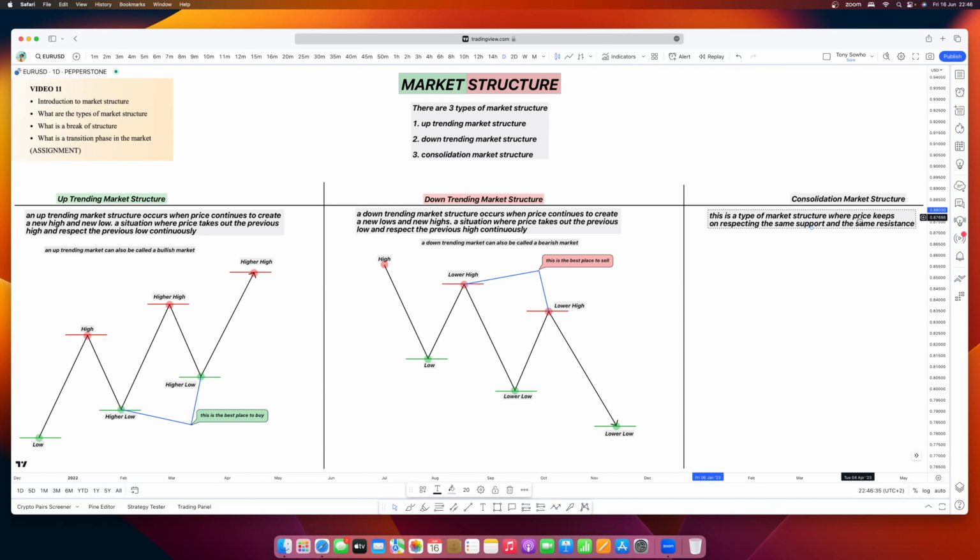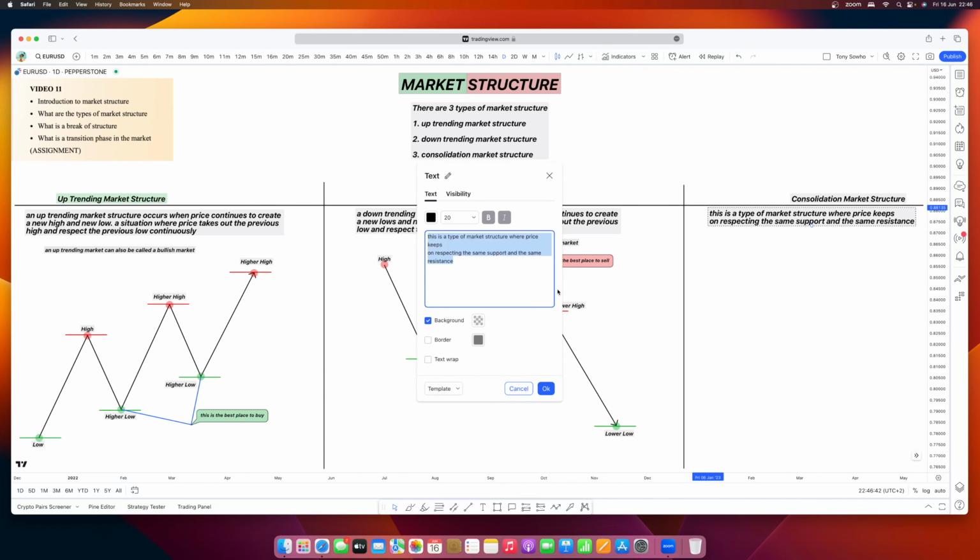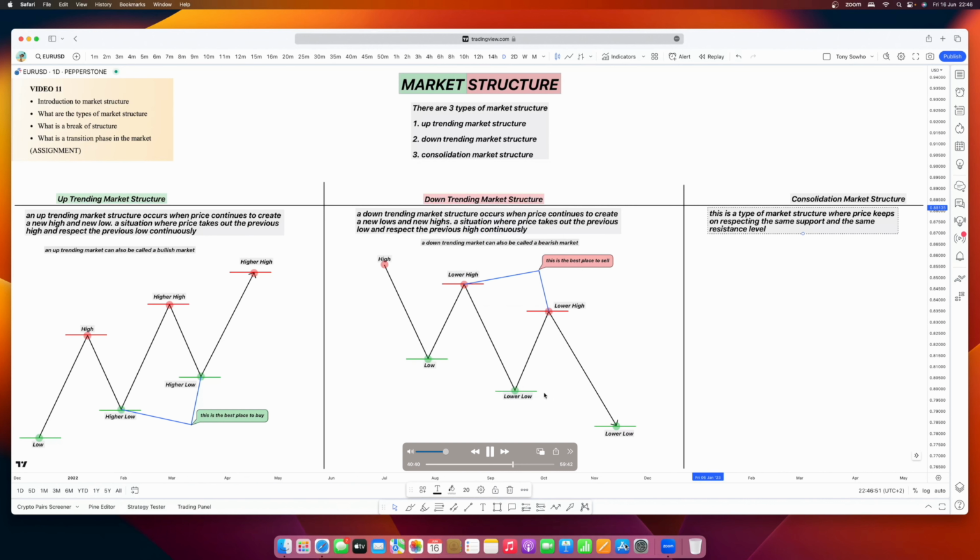So this is a type of market structure where price keeps on respecting the same support and resistance level. Okay. Yes. So it is well defined, right? This is a type of market structure where price keeps on respecting the same support and the same resistance level.